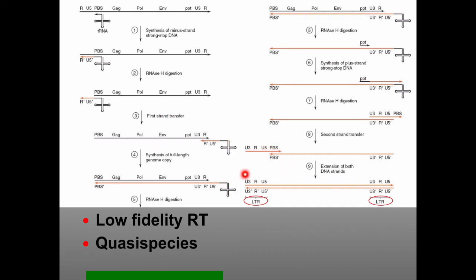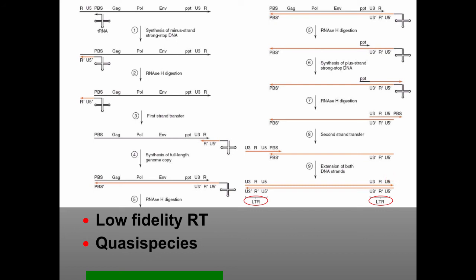And you have 3' OH, a template, 3' OH, a template. This gets replicated again, all in the cytoplasm, all by the reverse transcriptase, giving you this long terminal repeat at either end, which has that repeated sequence that you started with over here, but has also added the unique sequence from the 3' end at the 5' end, and the unique sequence from the 5' end at the 3' end.